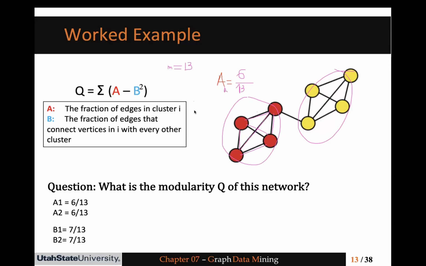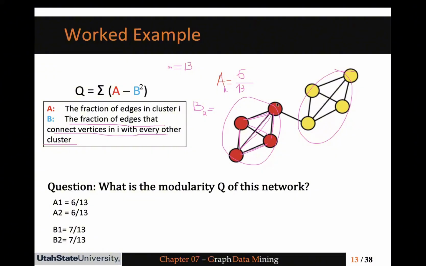Now, what is B sub R in this case, right? If I just follow the formula or the definition here, this is the fraction of edges that connect the vertices in the cluster red with every other cluster. So it is in fact all the edges which connect the reds, plus the edges which connect the red with the outside community.